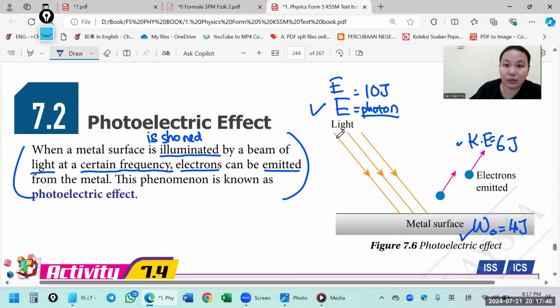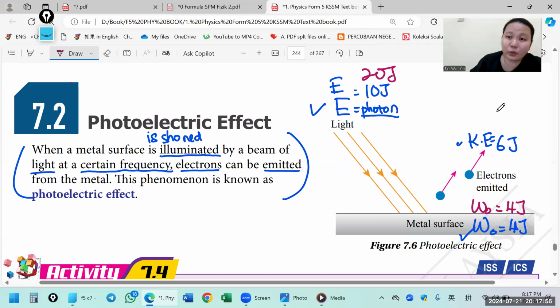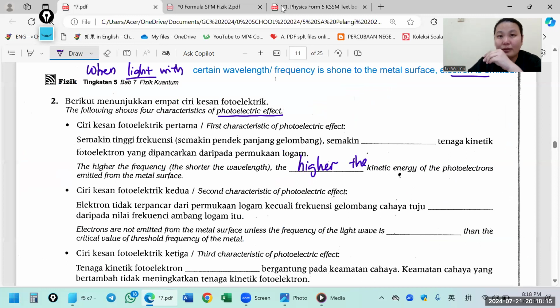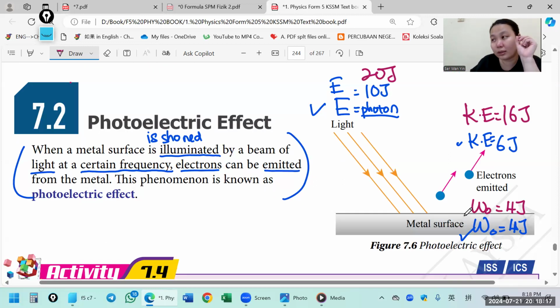For example, if this is 20 joules, we still just use 4 joules for the work function, to break the bond, so the kinetic energy now will be 16 joules. So greater photon energy, greater kinetic energy, because the work function is fixed already.